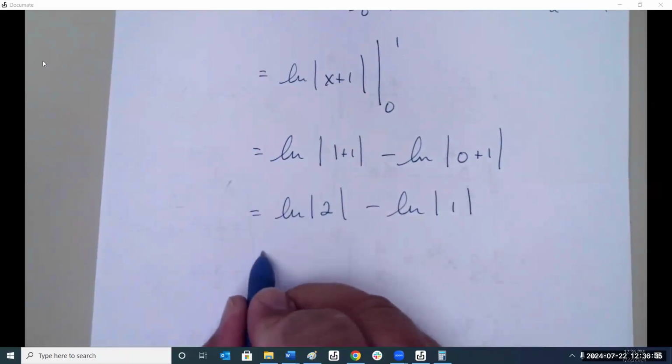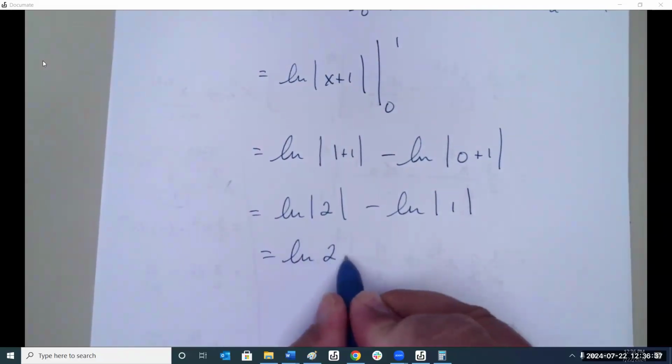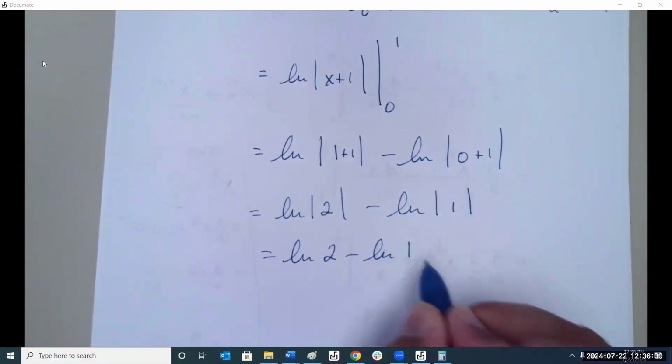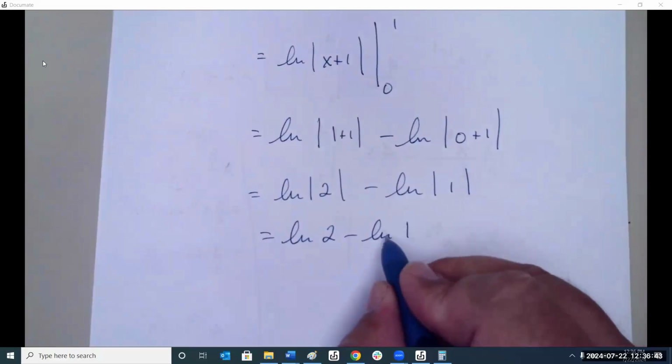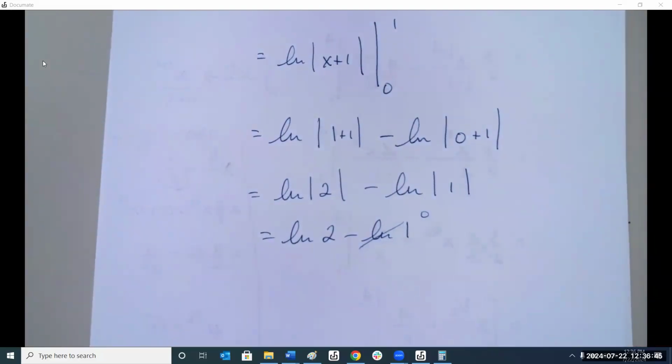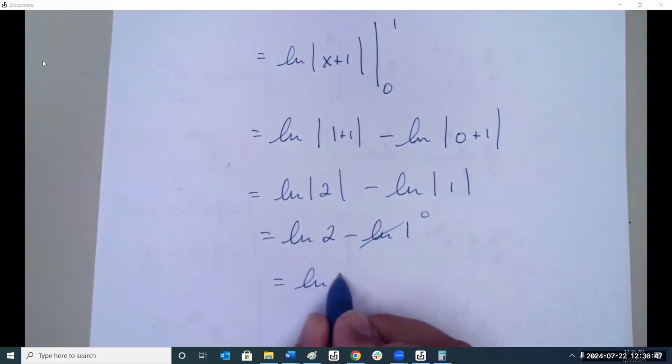Now, since these can never be negative, ln of 1 is 0. So the answer is ln of 2.